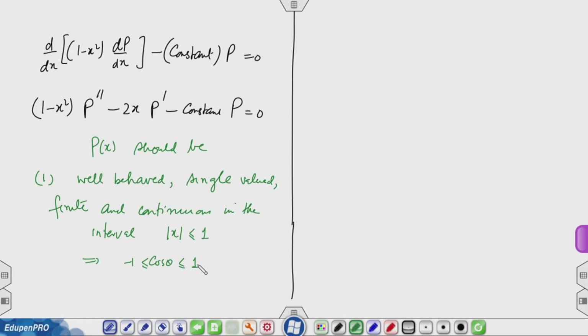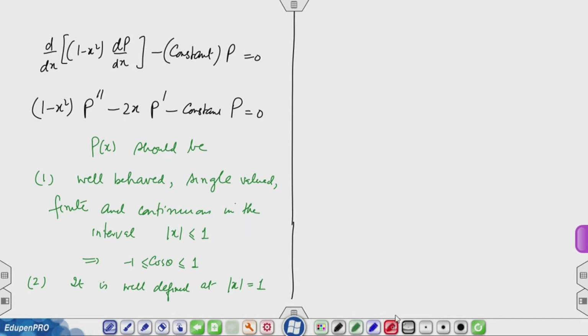So, it is well behaved in this entire range, and therefore, it is well defined at mod x equals 1 also. The endpoints are included. So, this has to do that.